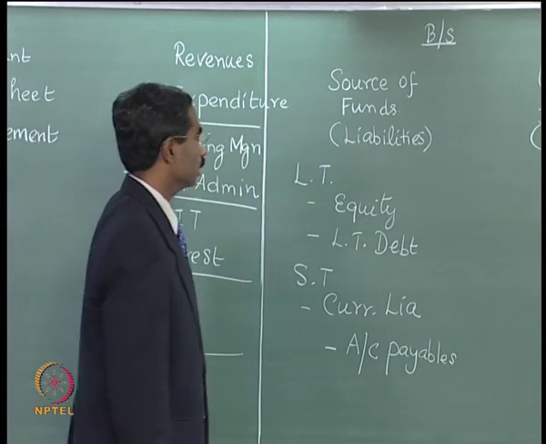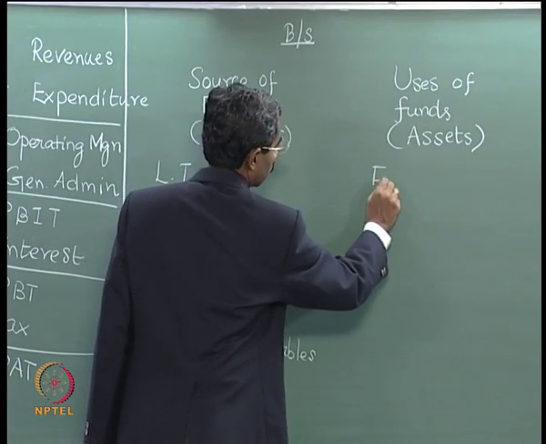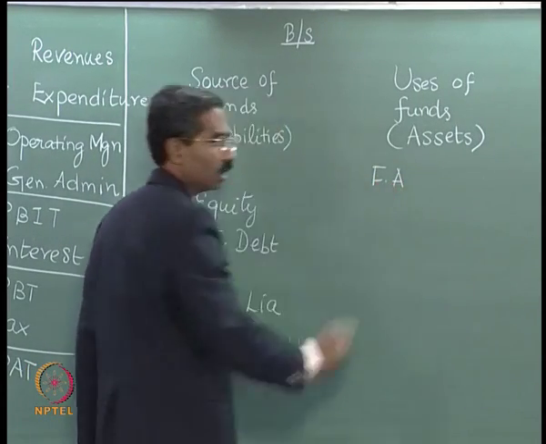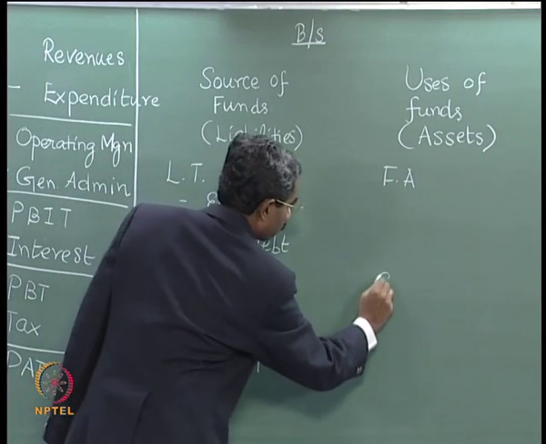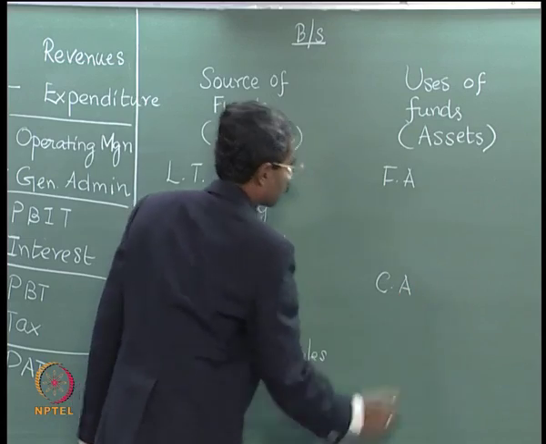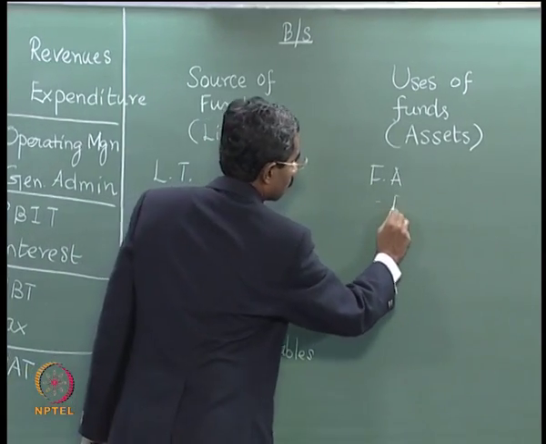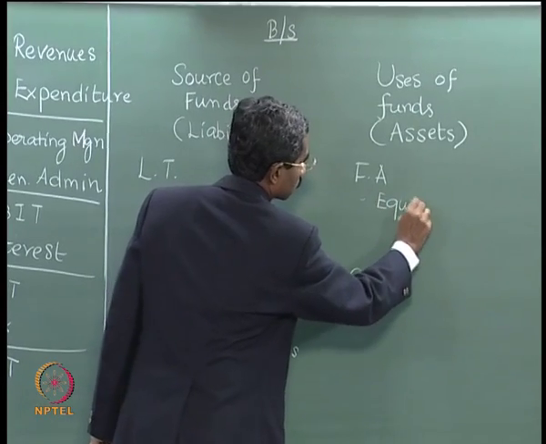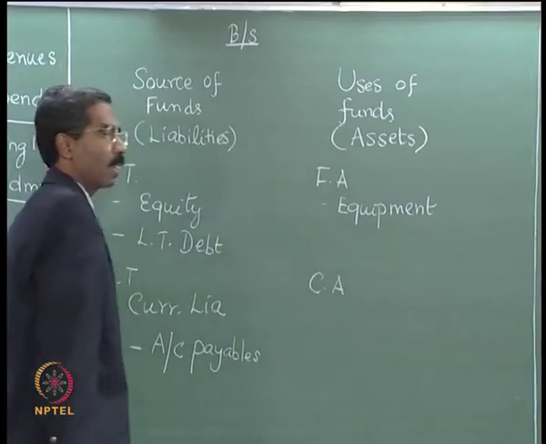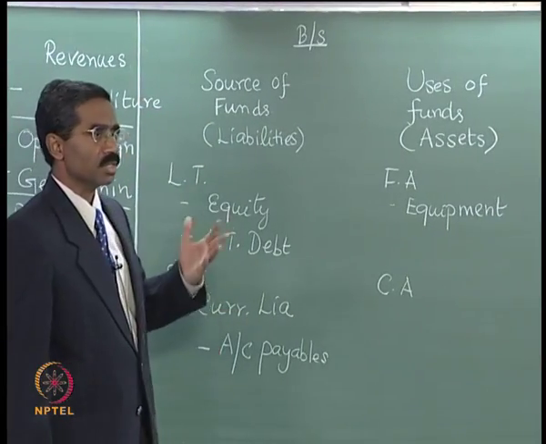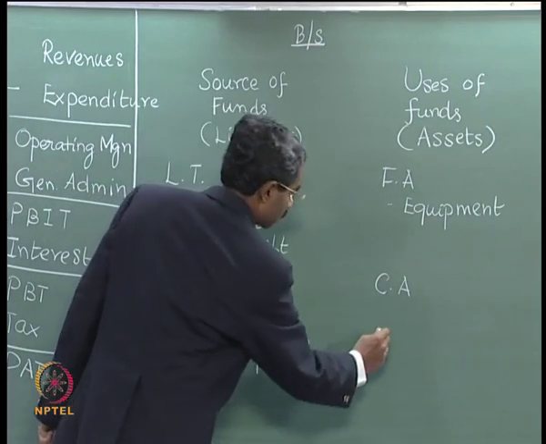Similarly, if you look at your assets, assets can be classified into two categories. One is your fixed assets or long term assets, and then you have your short term assets or current assets. Fixed assets would involve items like equipment; any asset that is going to give benefits for a long duration of time will come under fixed assets.